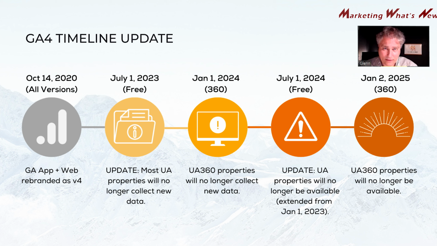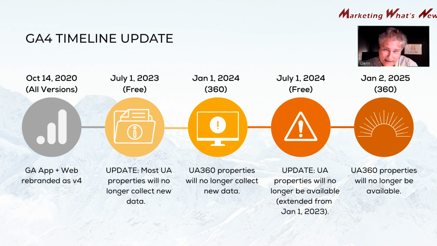If you have recently gone into your Google Analytics, you will see a countdown clock that shows this is what Google is doing. It does not seem that they will be extending this deadline. There's no indication being given of that. So this is a very real time.